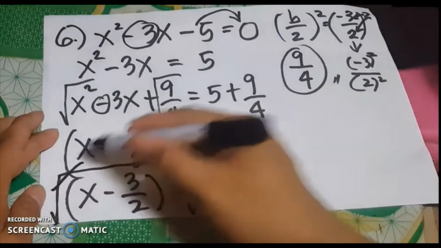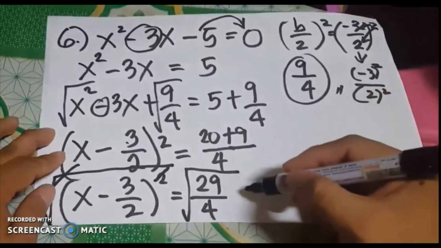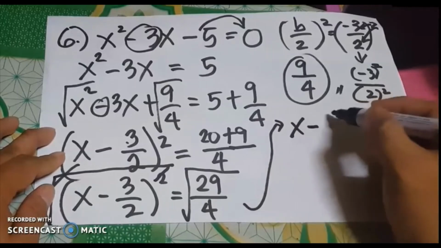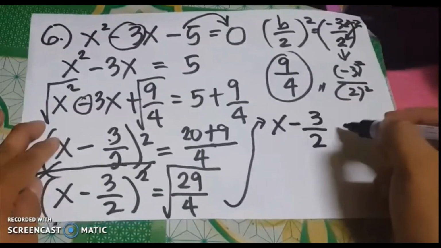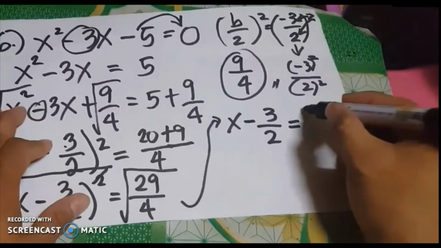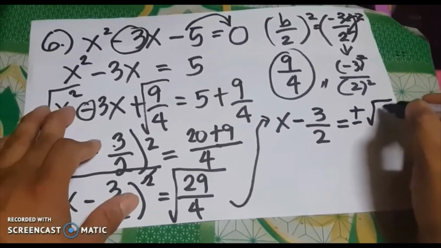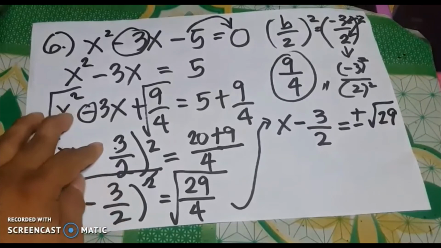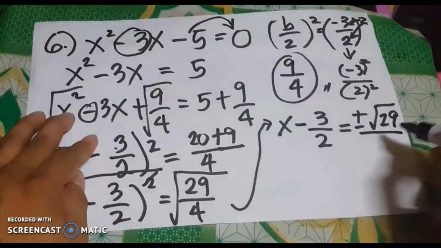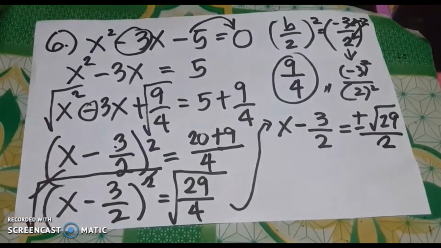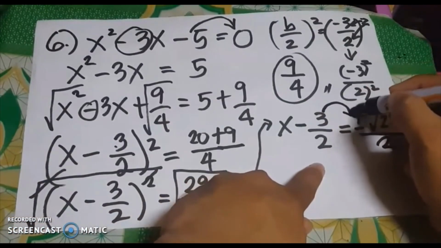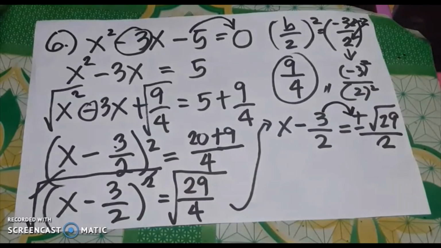So, to cancel out the square root sign here, may iwan ay, continue natin dito, may iwan ay x minus 3 over 2 is equal now to 29 is a non-perfect square, so that would be positive, negative, square root of 29 because wala na rin siyang factor, while square root of 4 ay 2. So, if you're going to look at it, move natin yung constant term to the right side.